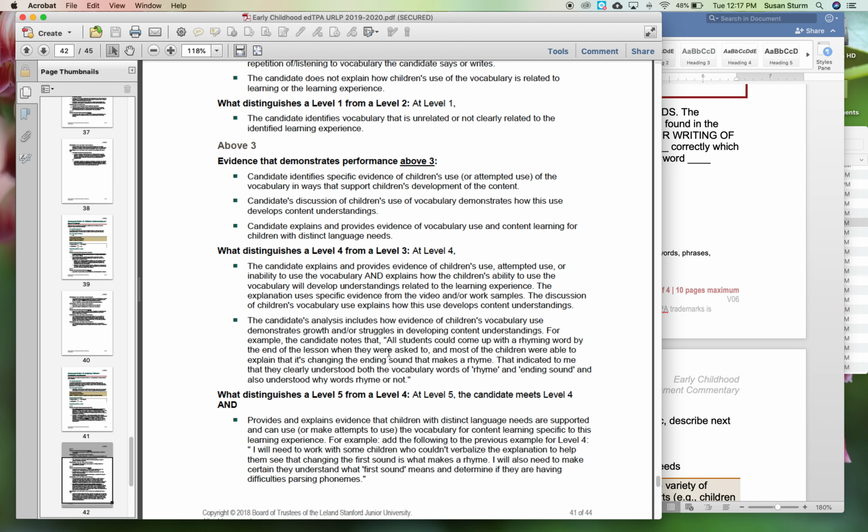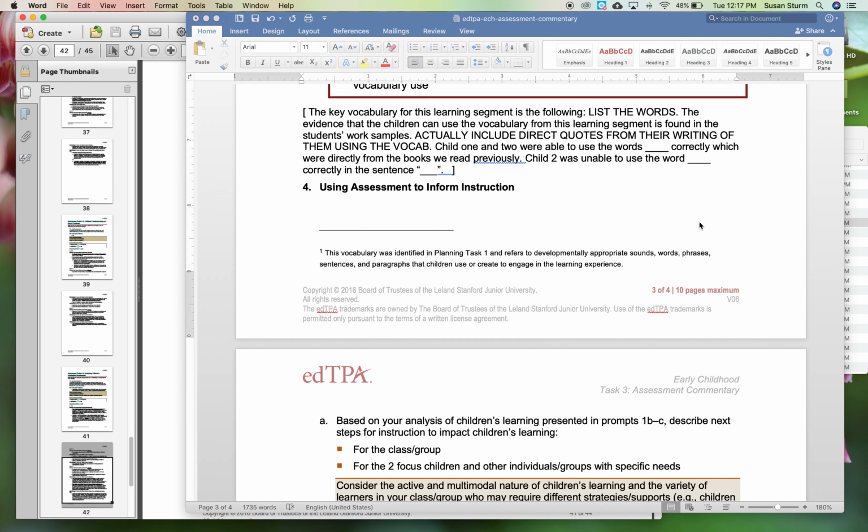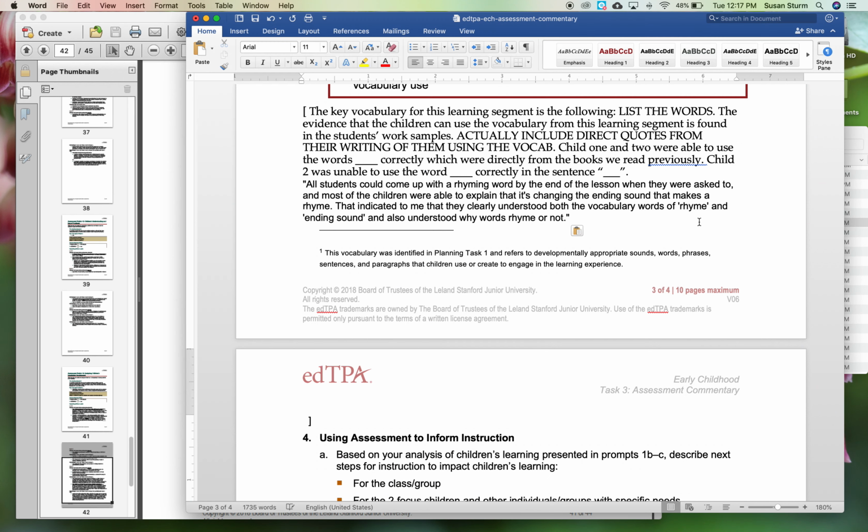So you could say how evidence of children's vocabulary use demonstrates growth and or struggles in developing content understanding. So for example, all students could come up with a rhyming word by the end of the lesson when they were asked to, and most of the children were able to explain that it's changing. Okay, so this could work really nicely.